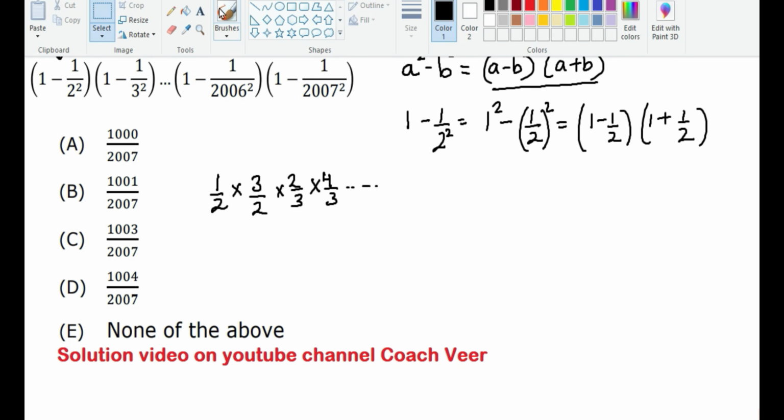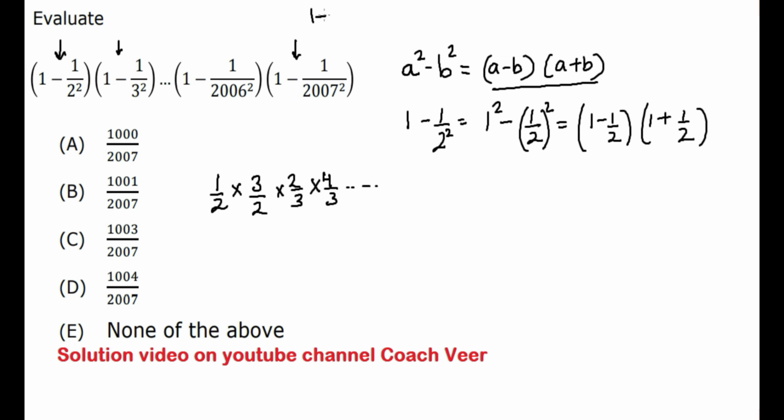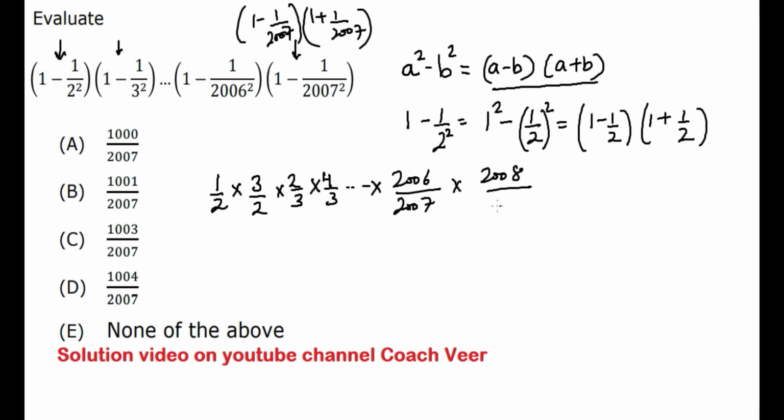The last one is this one, which is 1 plus 1 by 2007, and the other part is 1 minus 1 by 2007. When you solve this, it is 2007 minus 1, which is just 2006 by 2007, times 2008 by 2007.